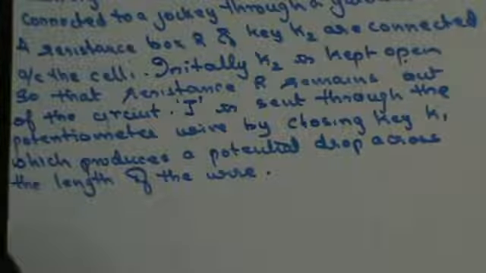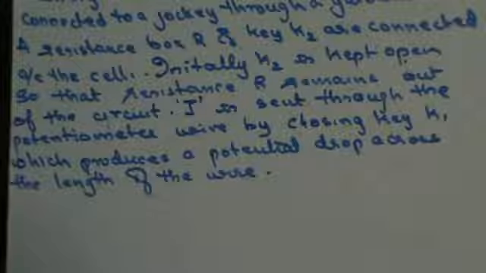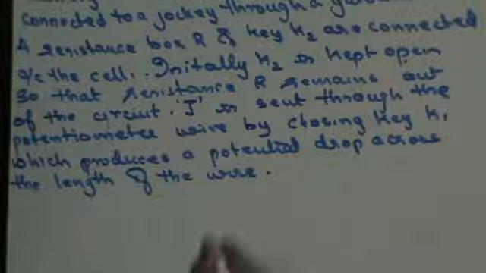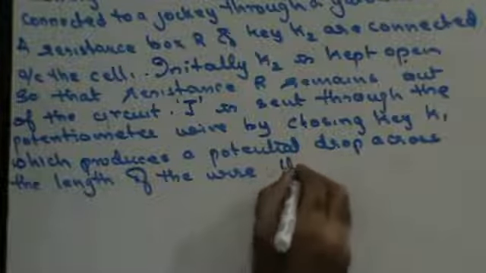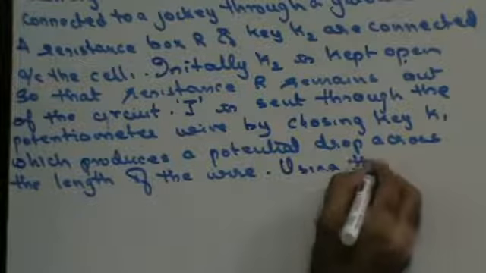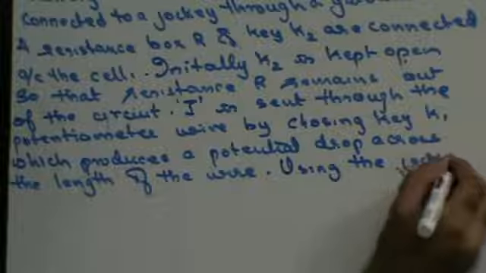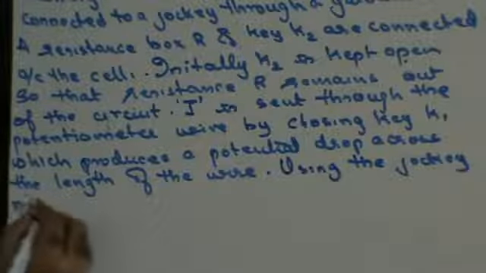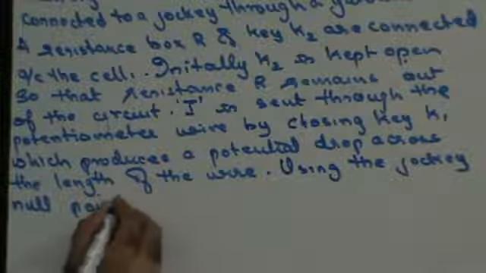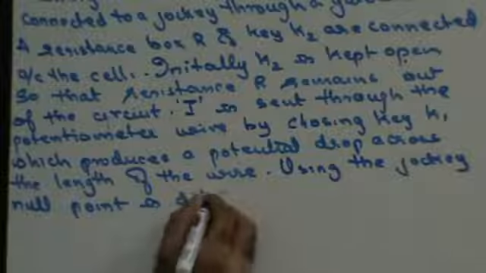Fine. Now, the jockey is touched at different points of the wire, and the point of contact for which the galvanometer shows zero deflection is determined. So, using the jockey, the null point is determined.